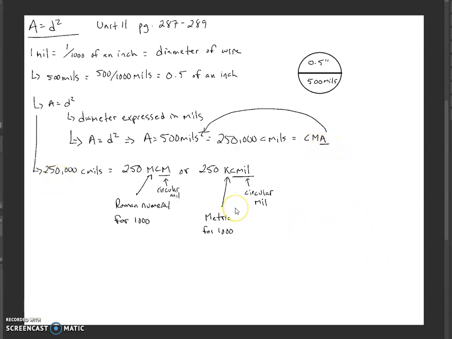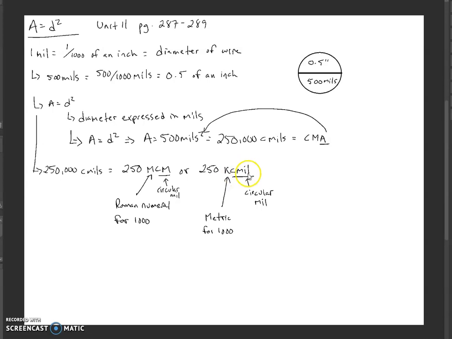So if we have 250,000 circular mils, that's the circular mil area. 250,000 C mils is also known in our code books, or in general, as 250 MCM or 250 kcmil. MCM is M being the Roman numeral for 1,000, CM being circular mil, or 250 kcmil, where k is metric for 1,000, and circular mil is just expressed slightly differently, still with the cm.